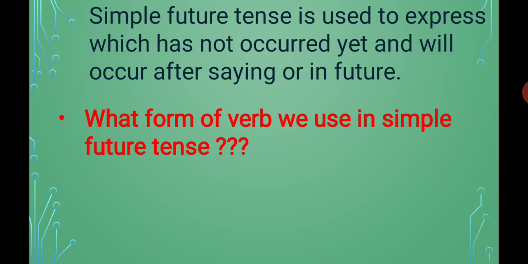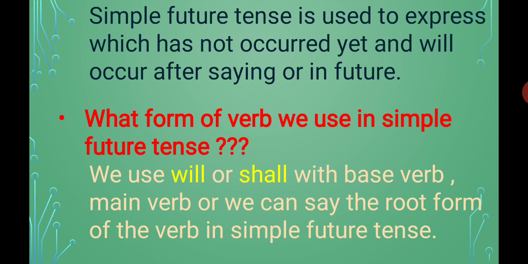Here let's see what form of the verb we use in simple future tense. We use will or shall with the base verb, or main verb, or we can say the root form of the verb. So what are the helping verbs for the future tense?